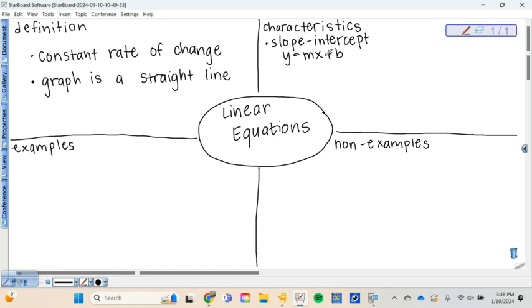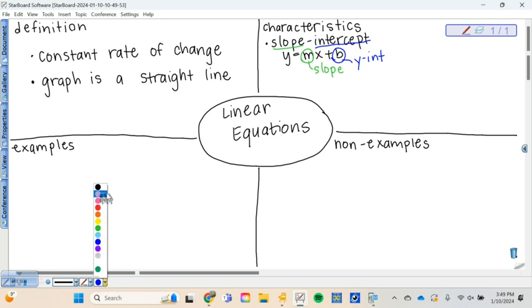And what are the 2 letters in there that we need to replace with numbers? Good. M and b. And what does m tell us? Yeah, it's our slope. What does b? Y-intercept. Hence the name slope intercept, right? Because we can see our slope and our y-intercept really easily from y equals mx plus b.